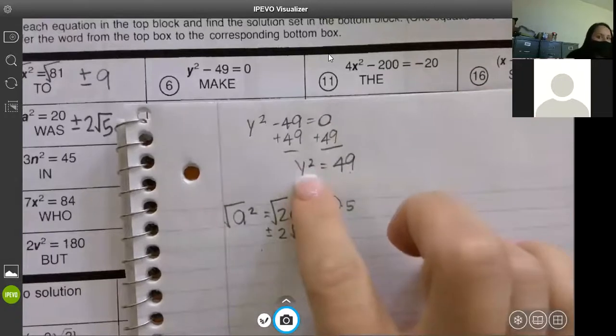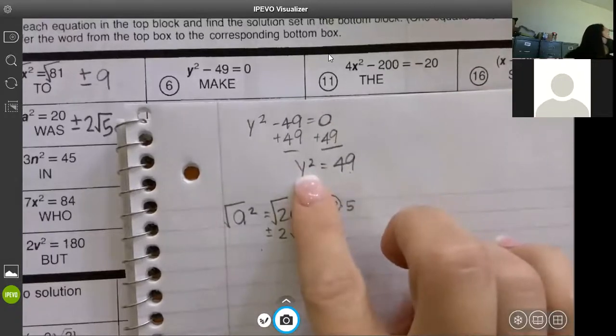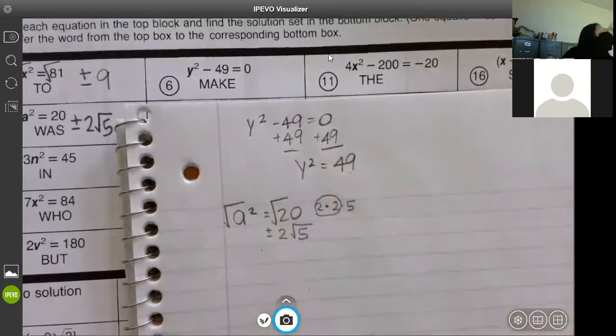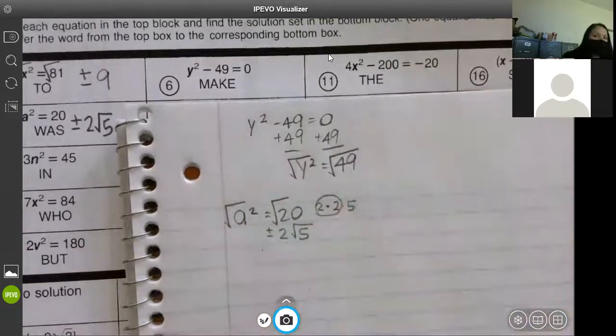What gets rid of the square? What did I call it? Do y'all remember what I called it? You just know it's a little checky box. That's what a lot of people say, a little checky box. It's called a square root. So we're going to take the square root.